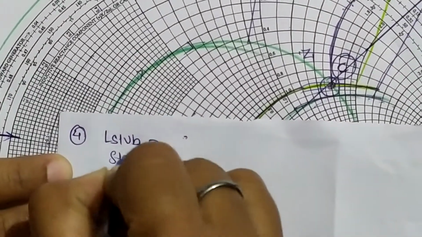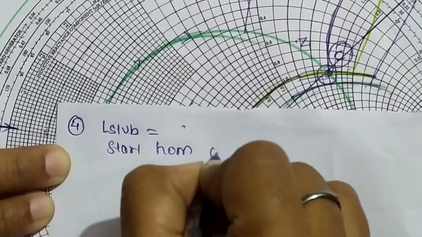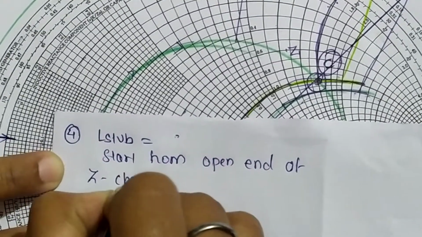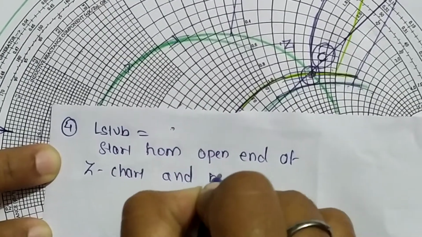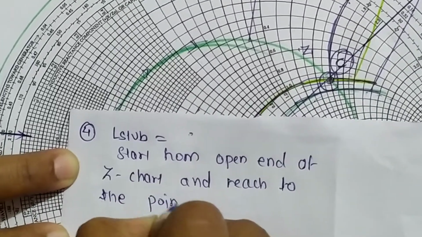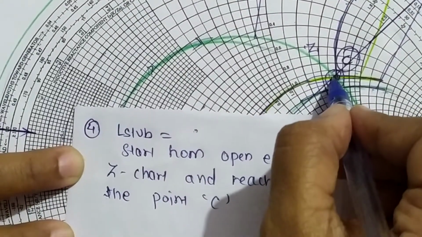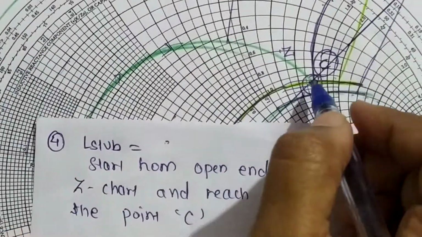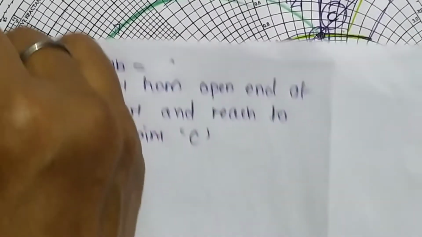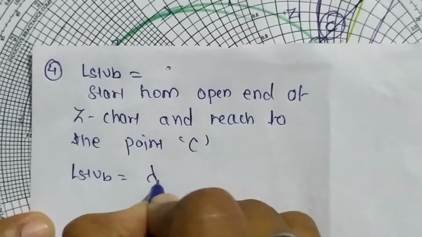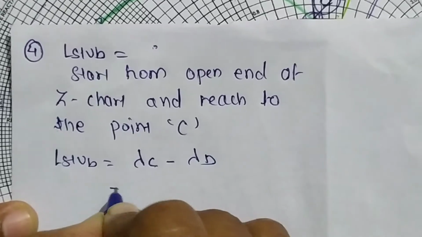Start from the open end of the Z chart and reach point C. What is that point C? Physical interpretation: it is a point where the imaginary part is getting compensated. Let's label this R equal to 0 point as D. So L stub is going to be lambda C minus lambda D.